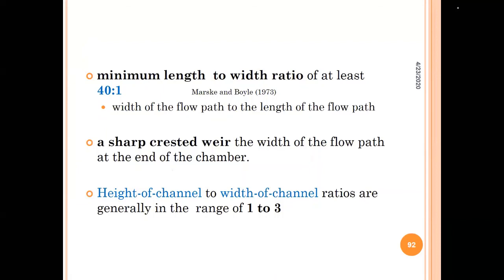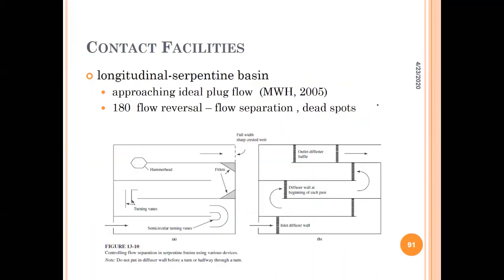There is a recommended length to width ratio of at least 40:1. This is the width of the flow path to the length of the flow path. The width is here and here and here, and the flow path length is this length plus this length plus this length, combined together.